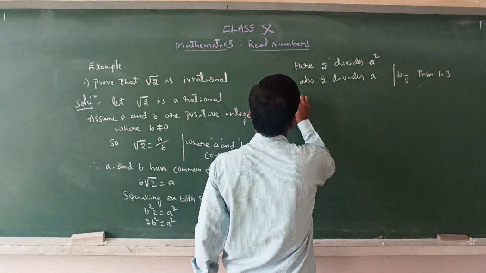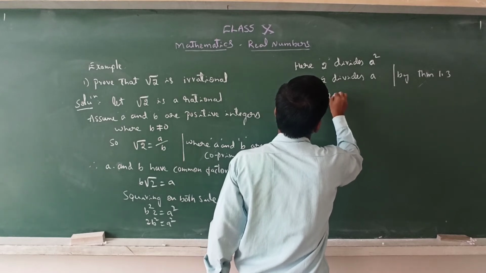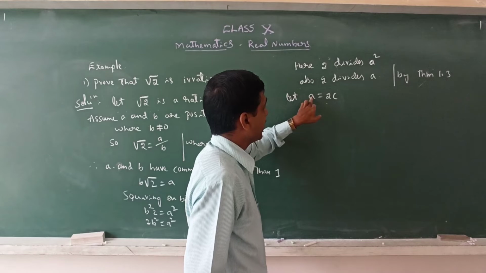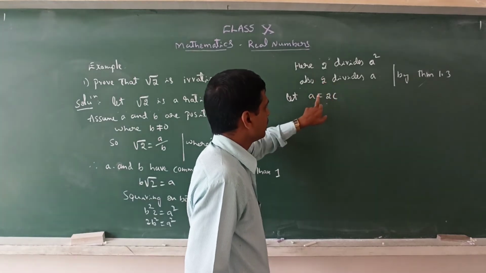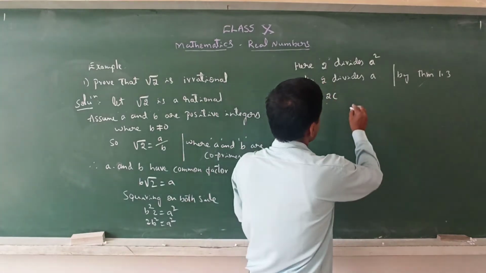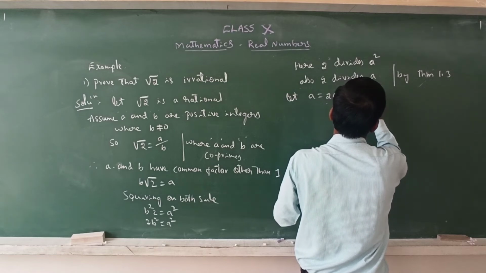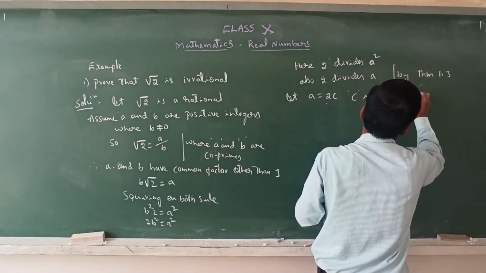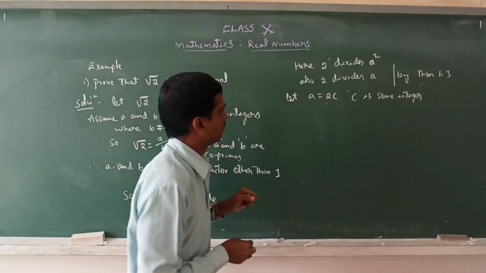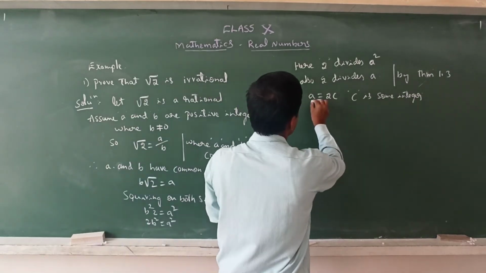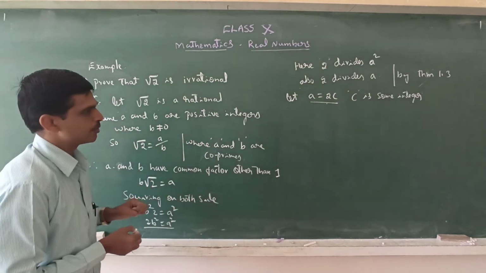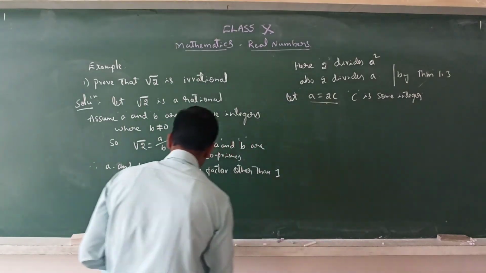Now let a is equal to 2c, because a can be divided by 2, and c is some integer. Therefore substitute this value in equation number 1.